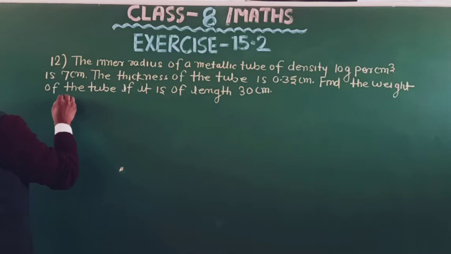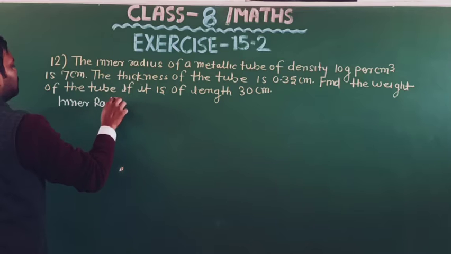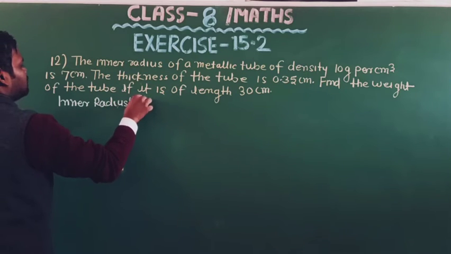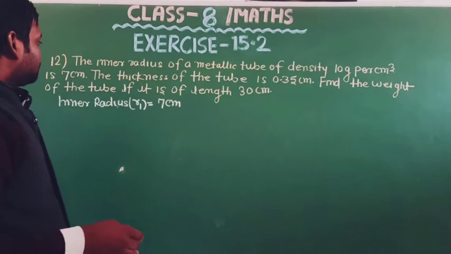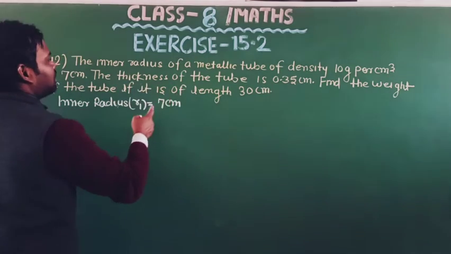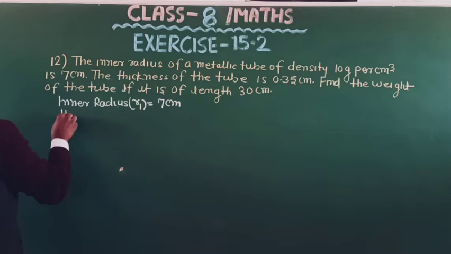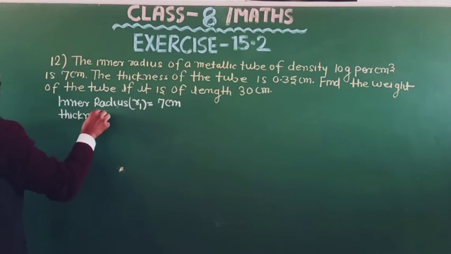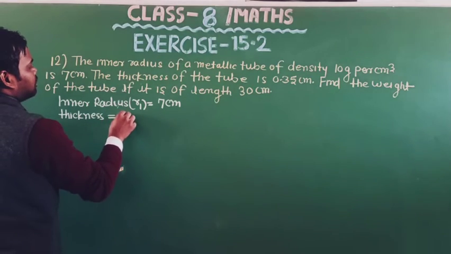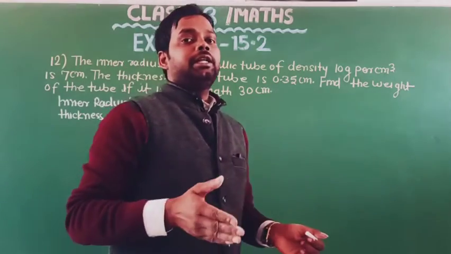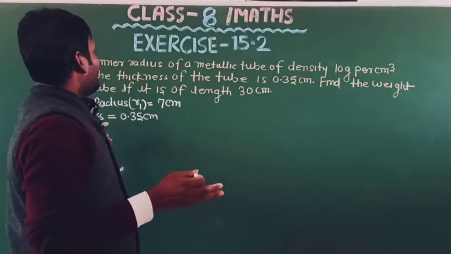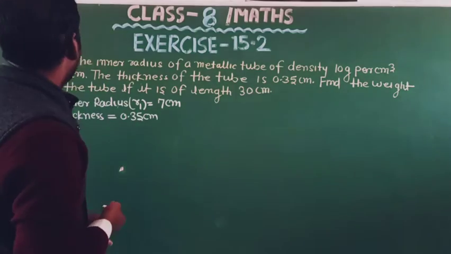This is given to us: R1 is equal to 7 centimeter, and the thickness of the tube is given, which is 0.35 centimeter, and let R2 be the radius of the outer cylinder.